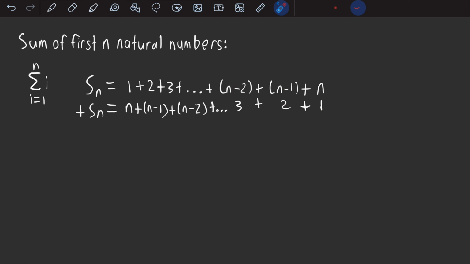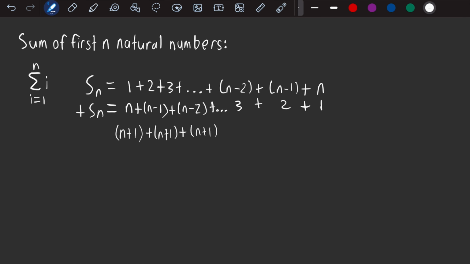And so when we add these series up, what we're going to get is that we have n plus 1 by adding 1 and n. We get another copy of n plus 1 by adding 2 and n minus 1. We get another copy of n plus 1 by adding 3 and n minus 2.